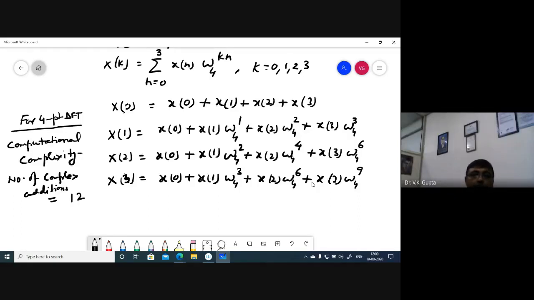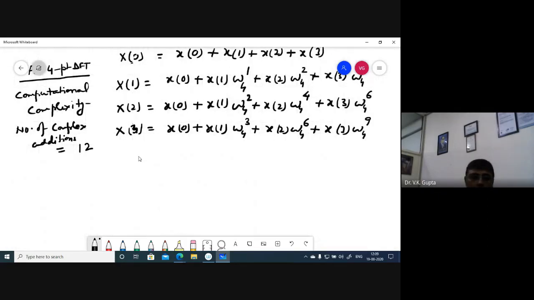So we have 12 complex additions. For 1 sample we have 4 minus 1, that is 3 additions, and the number of samples is 4. So total 3 into 4 is equal to 12.